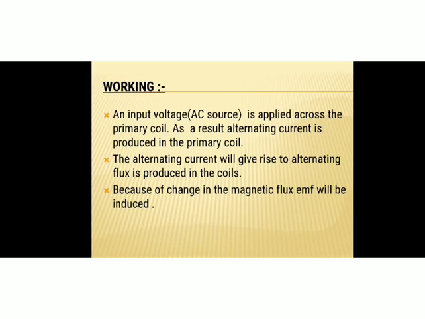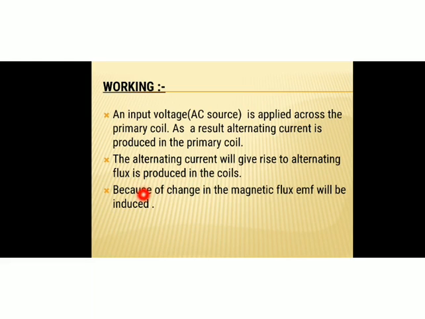Now, what is the working of a transformer? See, an input AC voltage is applied across the primary coil. As a result, alternating current is produced in the primary coil. This alternating current will give rise to alternating flux.